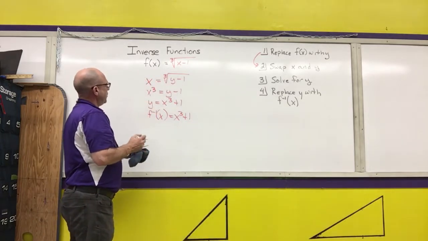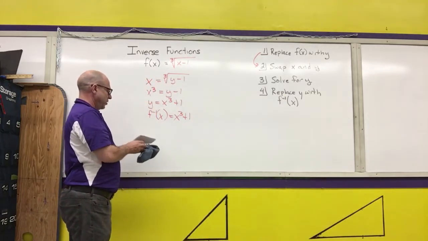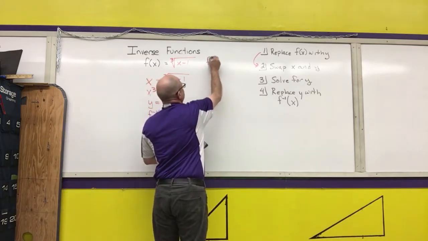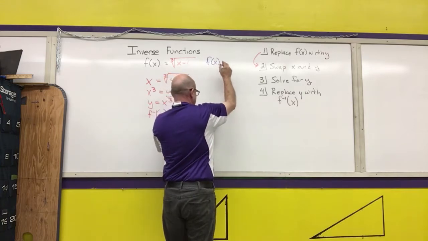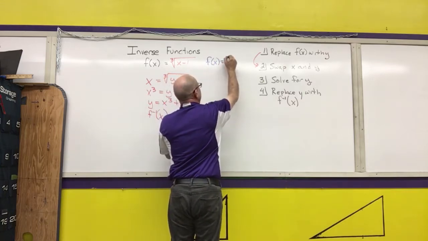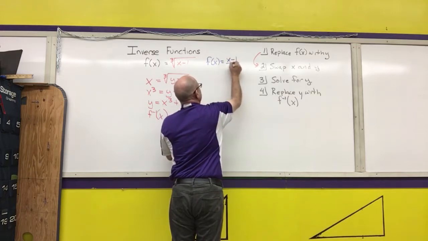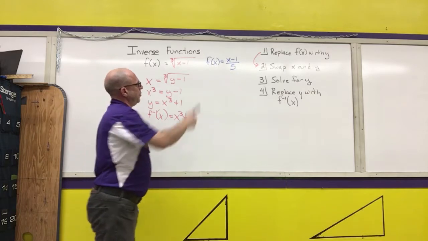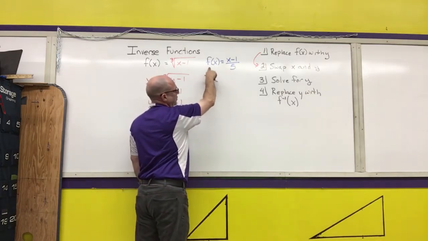The final example for finding inverse functions algebraically is going to be f of x equals x minus 1 over 5. So replace f of x with y, and then swap x and y.